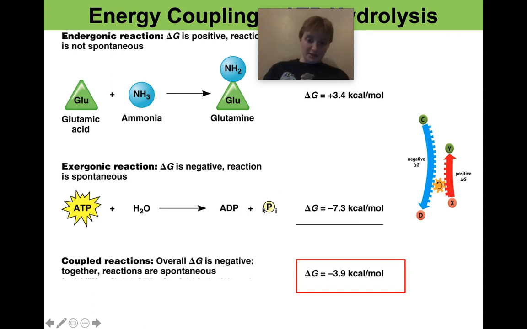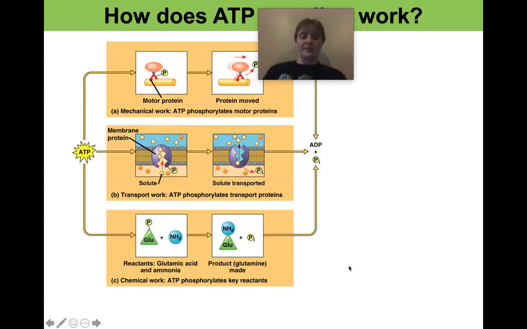We'll use the energy released here to do this reaction. And remember, we always have to have an overall negative change in G because we have to increase the entropy of the universe. So this reaction provides plenty of energy to do this reaction, and we even have some left over, which will usually be released as heat energy.